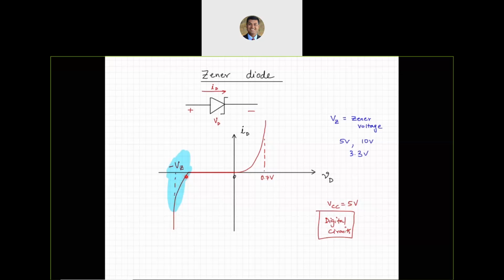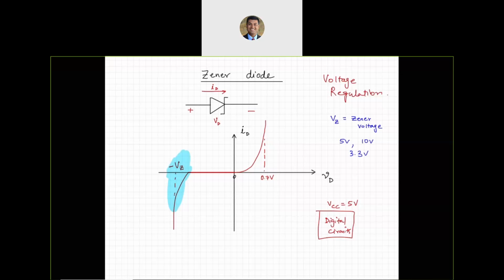But even if there is a change in current, the voltage across that diode around that negative Vz remains more or less the same. So that is essentially our voltage regulator. So the Zener diode is very useful for voltage regulation, so that the voltage doesn't change much even if the current changes.